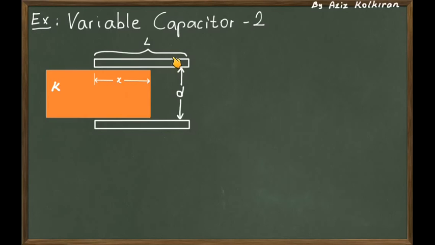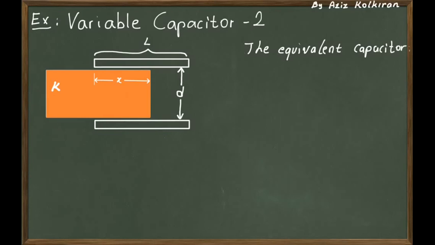We keep the distance between the plates d fixed, and you can also assume that the thickness of the dielectric material in this direction is d. So the first question is, when you slide this dielectric into the capacitor, how will the capacitance of this parallel plate capacitor change?